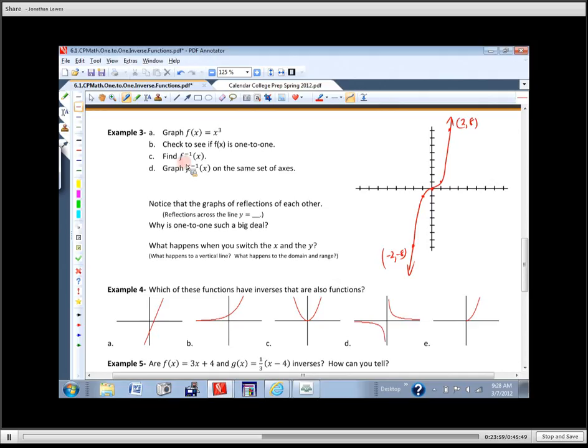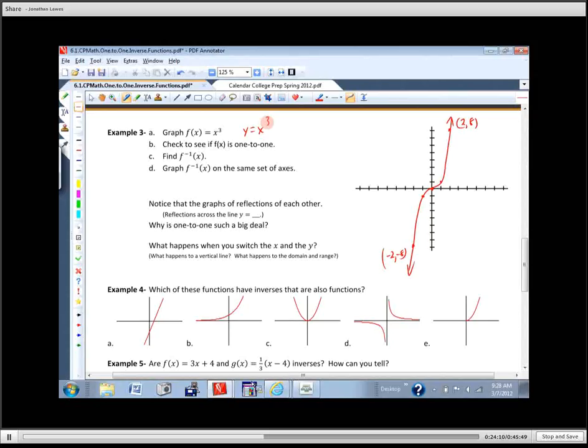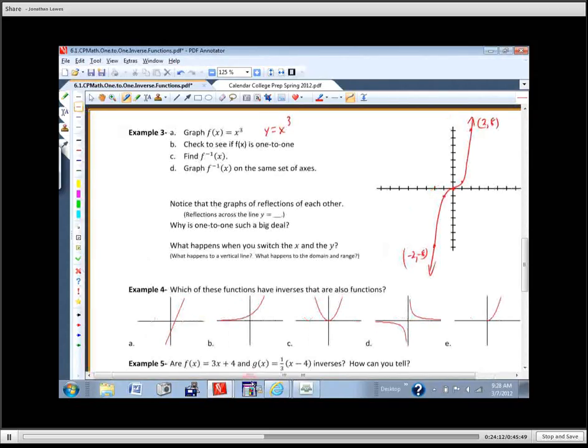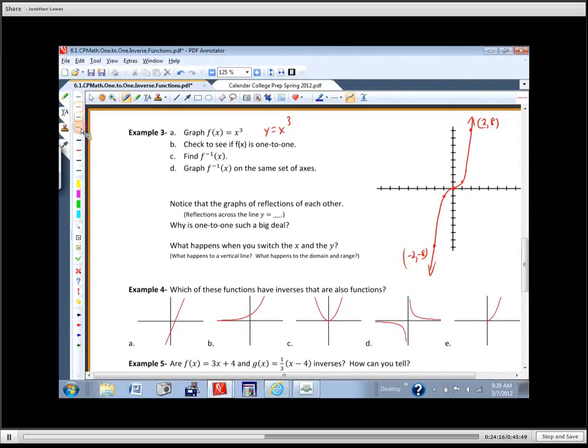So that's how we'd read this again. That's f inverse. So we come back up here and we say, all right, this is y equals x cubed. Okay, there's that two-step process for finding the inverses. What's the first of those two steps? Switch the x and y. So again, I'm going to change colors for the work on the inverse, and I'm going to write x equals y cubed.